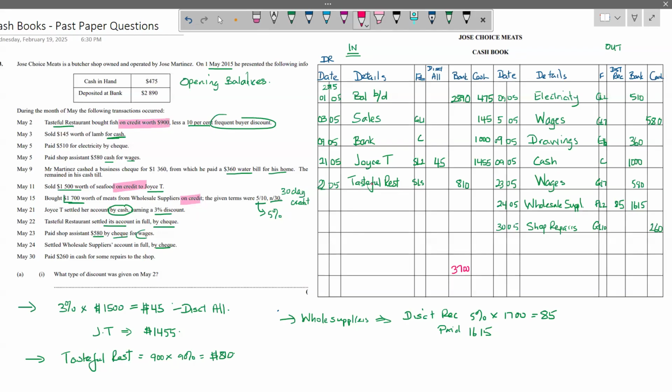475 plus 145 plus 113 plus 1455. I have here 3695.